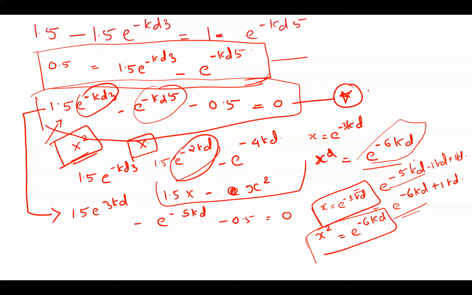Normally in my previous questions, we can just put x and x square this way. I am having doubt in this. So if you put x for e raised to minus 3 kd, for x square it should be e raised to minus 6 kd, right?